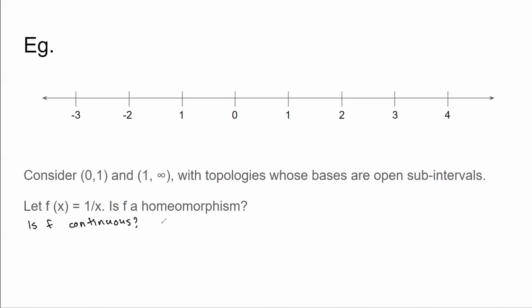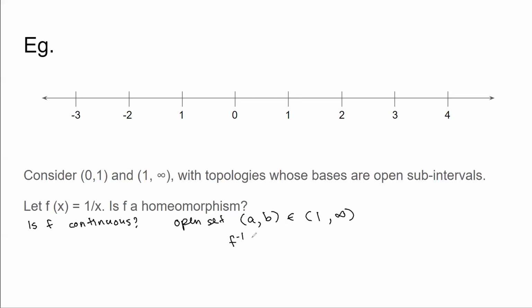So my basis elements are going to be intervals. So let's say I have an open set (a, b) in (1, infinity). Now, what is the preimage of this set?